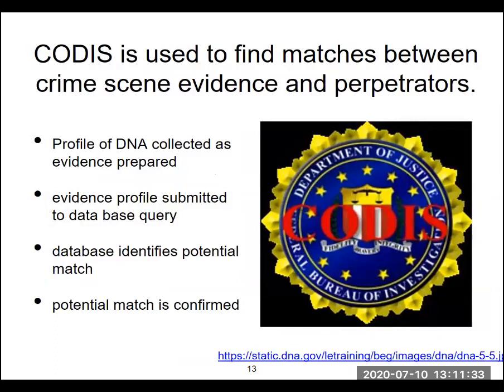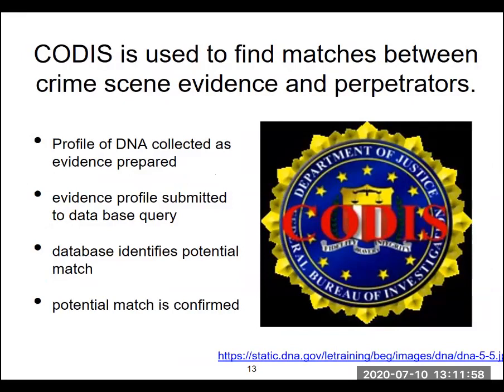Now, if we take a look at CODIS, again, it uses the same type of technique that allows you to figure out who you're closely related to and where your family is from. It is used to match crime scene evidence where they collect DNA with people that had that same pattern of these enzymes, the same bands that appear, and identify them as potential perpetrators.